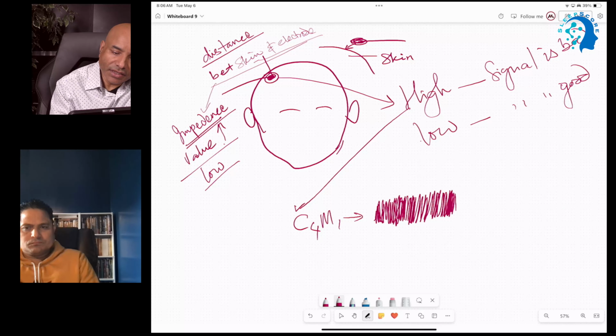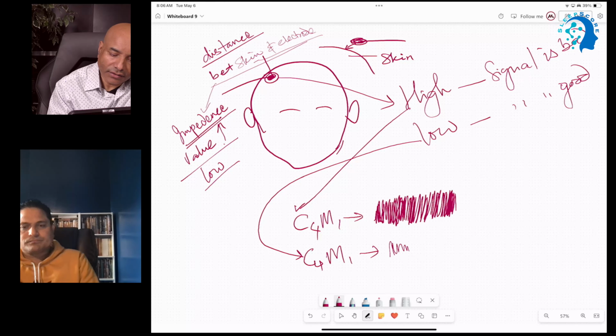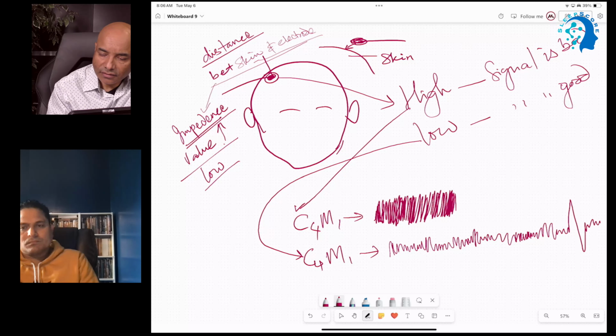But if the impedance is low, C4 M1 will look like this. Here we can see spindles, K complexes, we can see everything that we need.